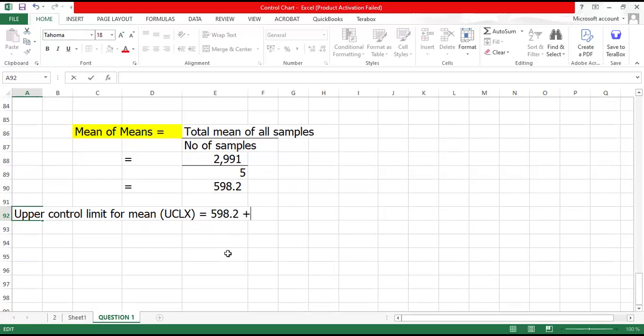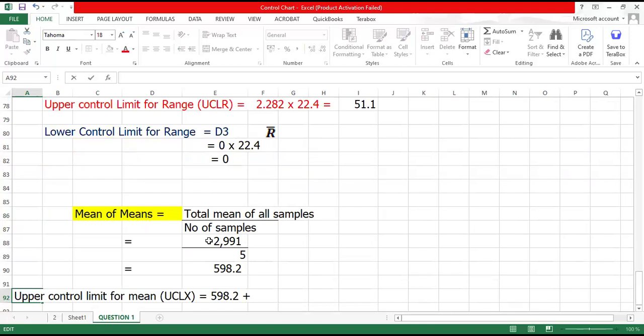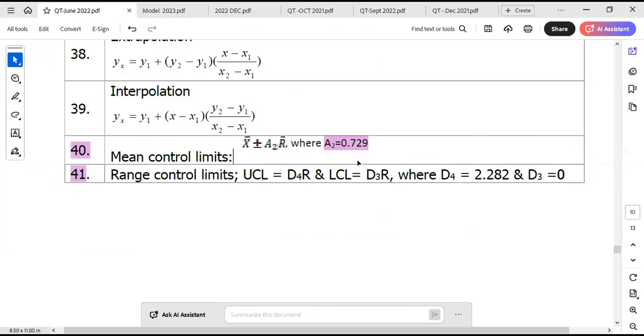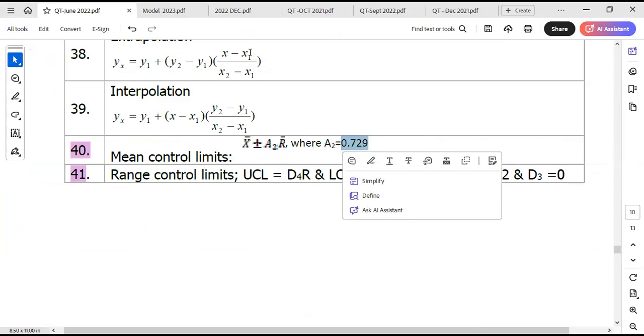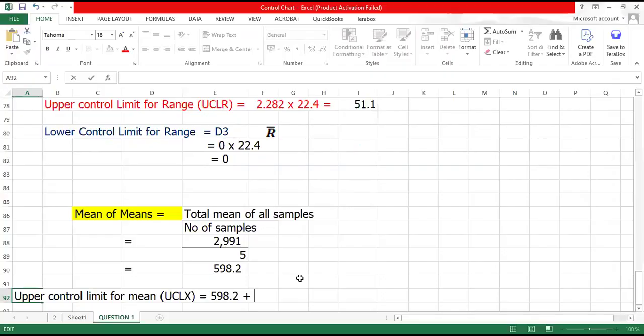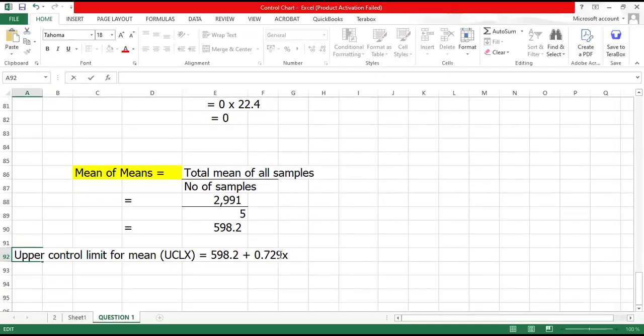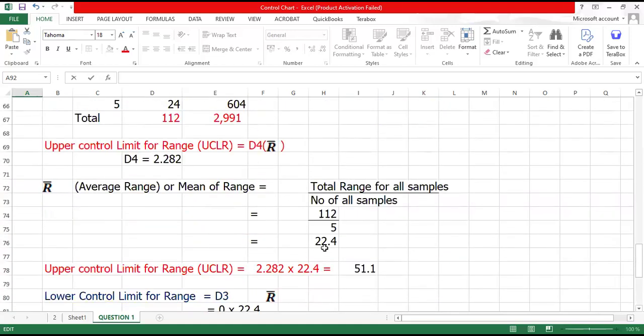Then plus, what is A2? A2 is 0.729. That is A2. Then times R, the average range. What is your average range? 22.4.